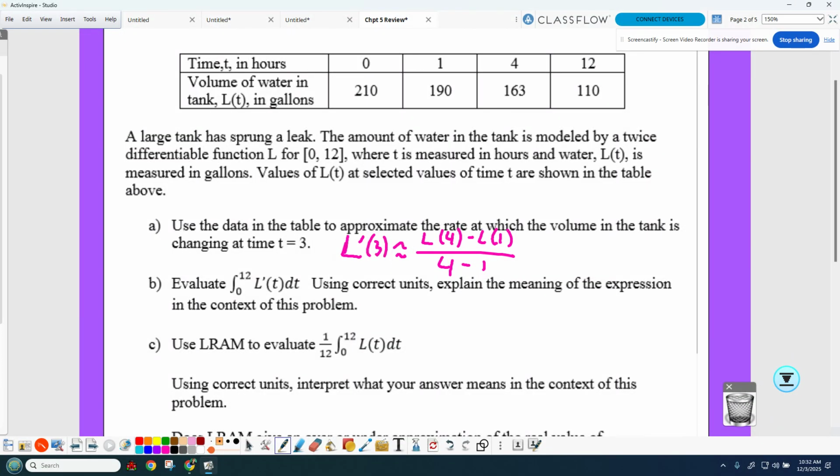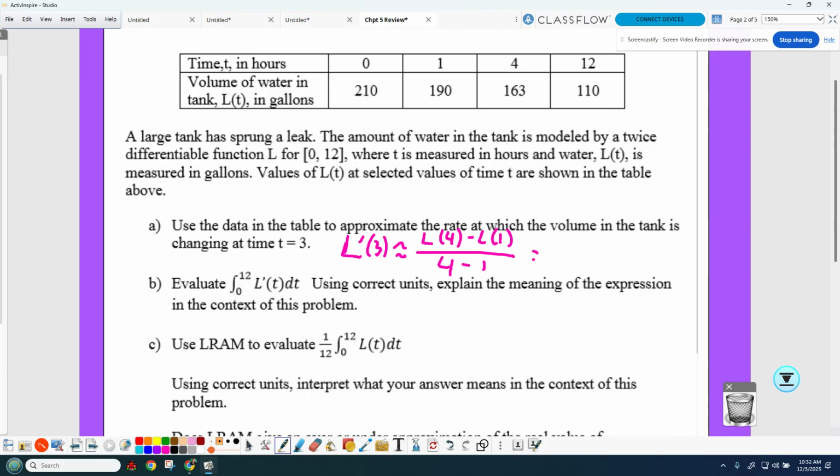Okay, so notationally, what are you finding? Well, the rate of change of the volume, they're calling it L, it's L prime.